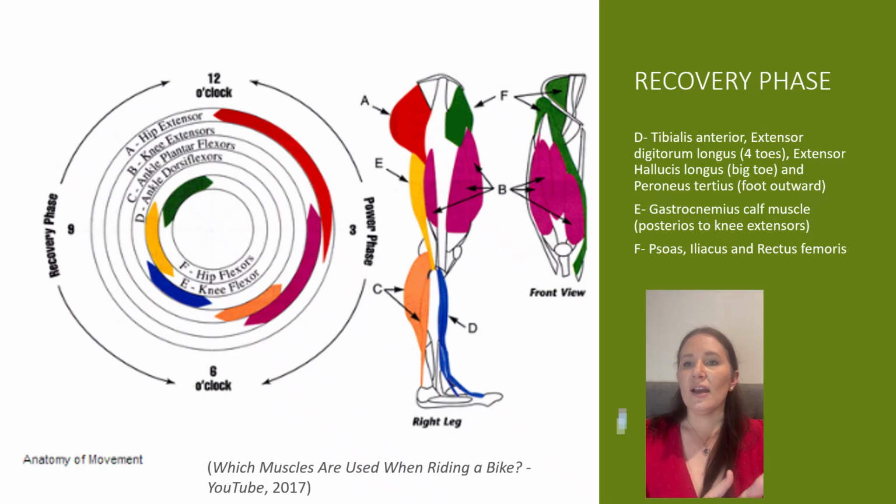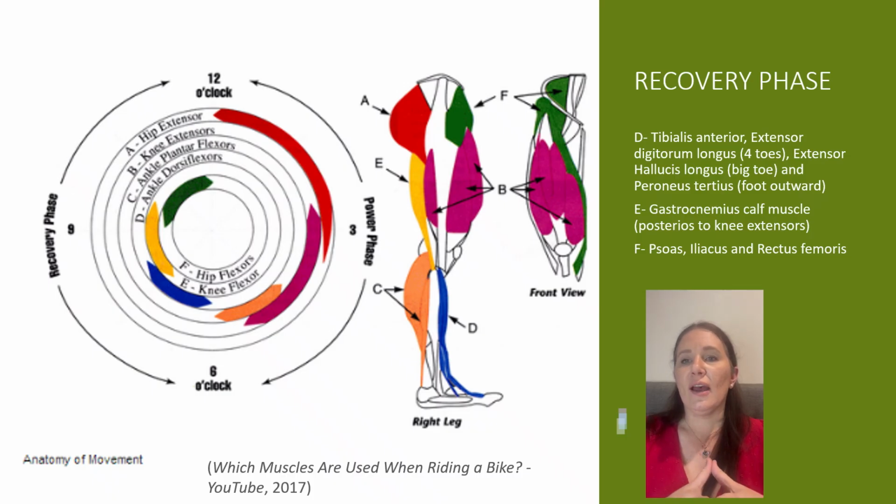Then there is the extensor hallucis longus, which controls the big toe and makes it come forward and upward, and the peroneus tertius muscle, which helps control the foot from going outwards.